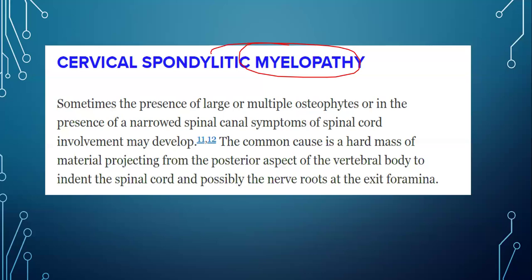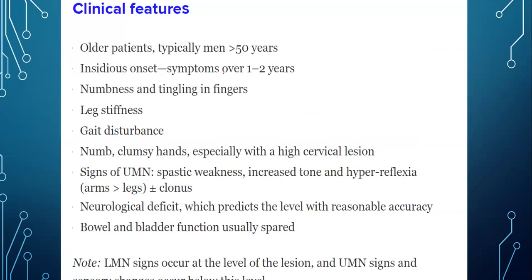If the spinal canal narrows and somehow the spinal cord gets pinched, that's the time the patient will develop myelopathy. Okay, so the patient will develop features of cord compression.